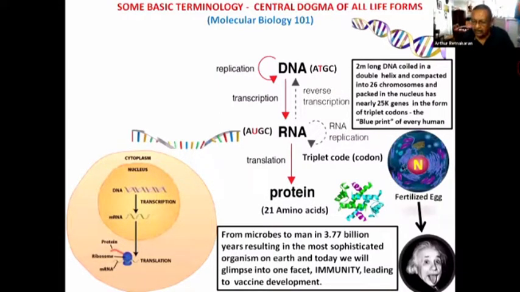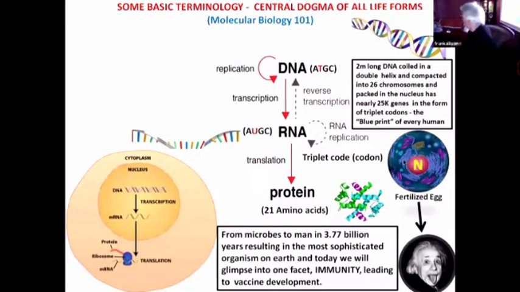And when you look at it, this single cell has the entire message for differentiating into a human being compacted into this nucleus. It's just simply mind-boggling to see how this evolution has taken place over so many billion years.